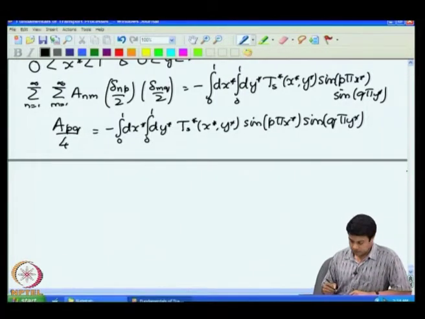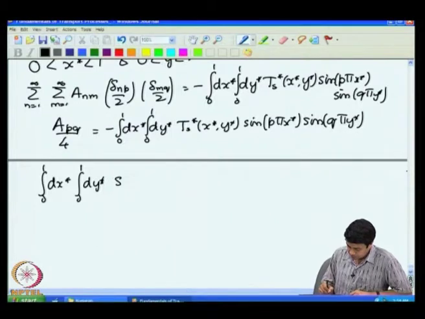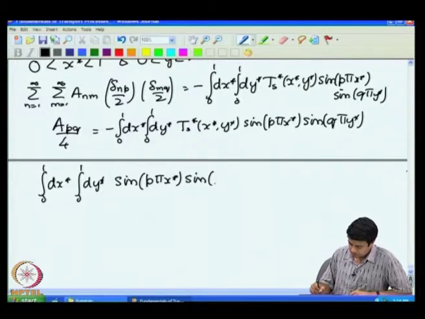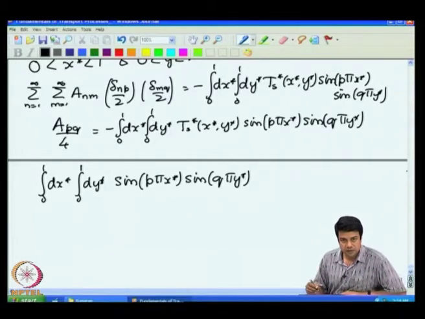And if I look at this integral 0 to 1 dx, integral 0 to 1 dy of sine of p pi x times sine q pi y times the temperature solution.